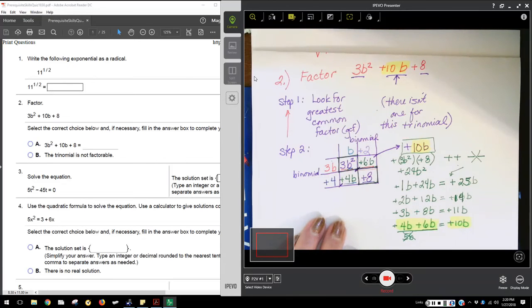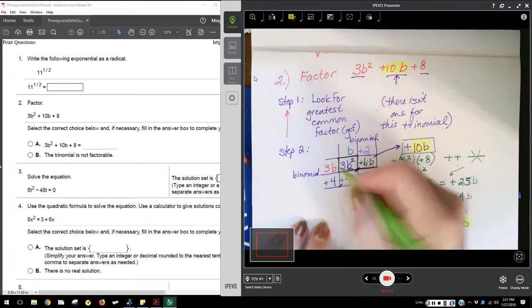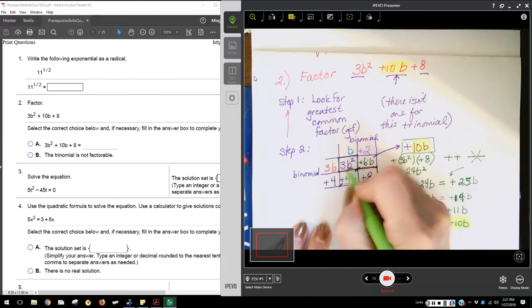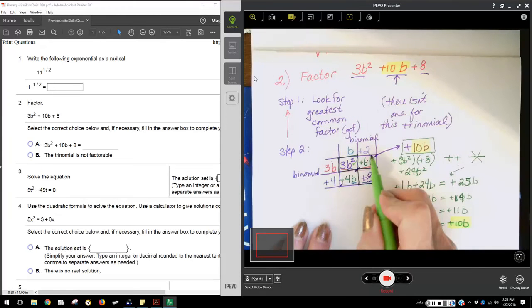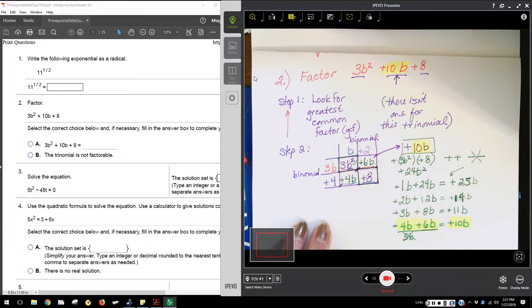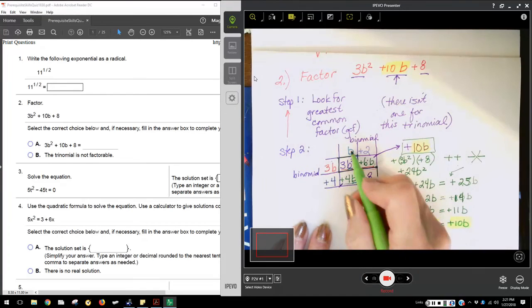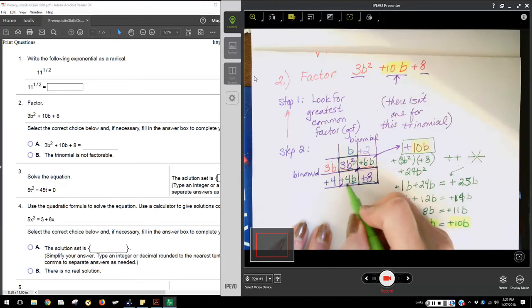So at this point, we just want to check and make sure that everything multiplied out. We look at 3b times b, and we do get 3b squared. We look at 3b times positive 2, and we get 6b. We look at 4 times b and get 4b.